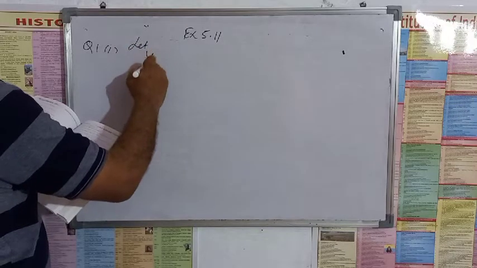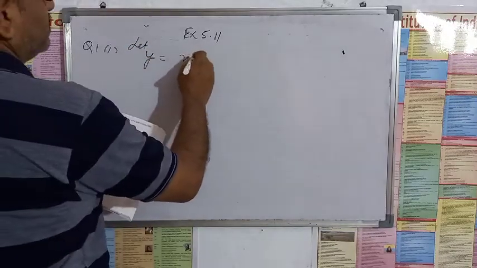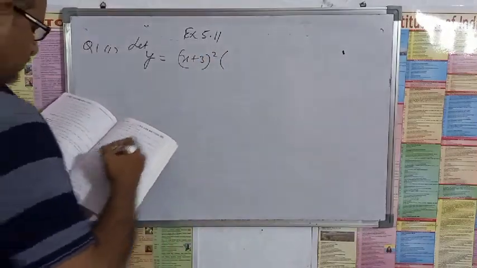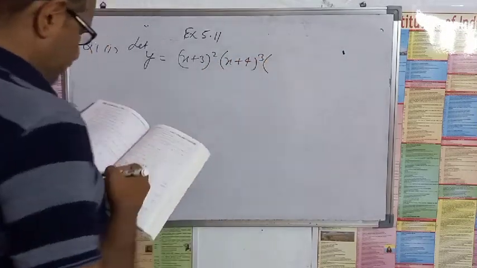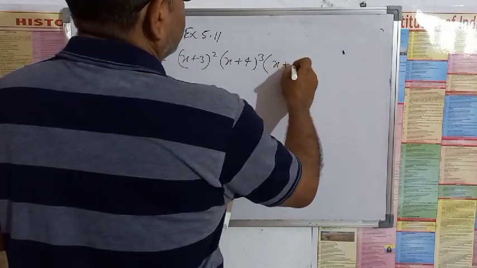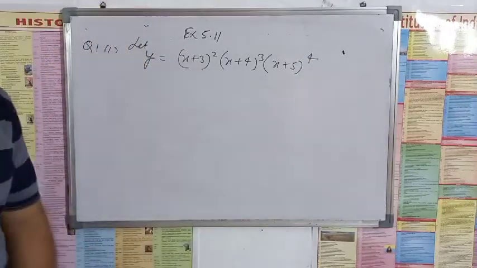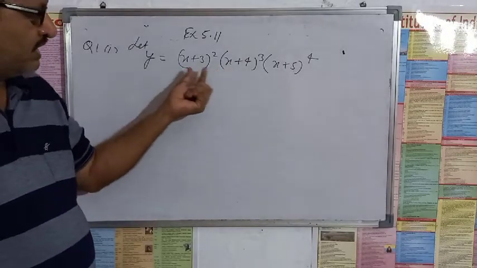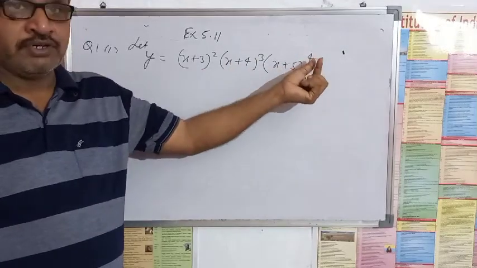Let y is equal to (x plus 3) whole square into (x plus 4) whole cube into (x plus 5) to the power 4. We have to differentiate it with respect to x. We see that it is the product of three functions: (x plus 3) whole square, (x plus 4) whole cube, (x plus 5) to the power 4.